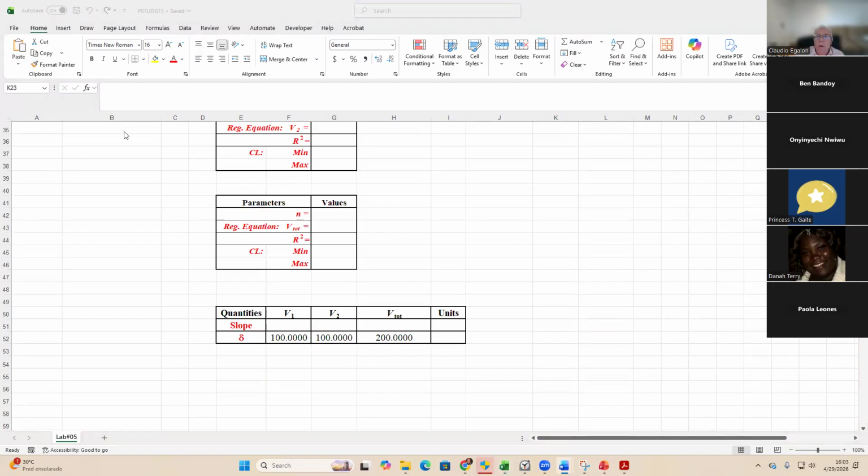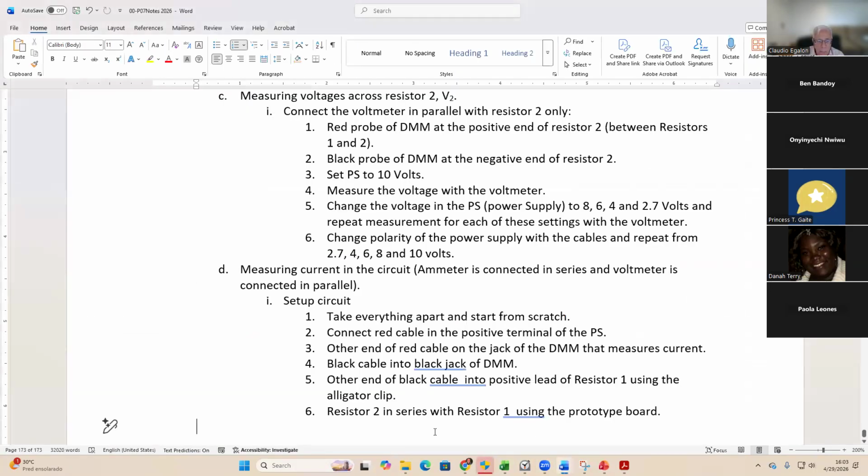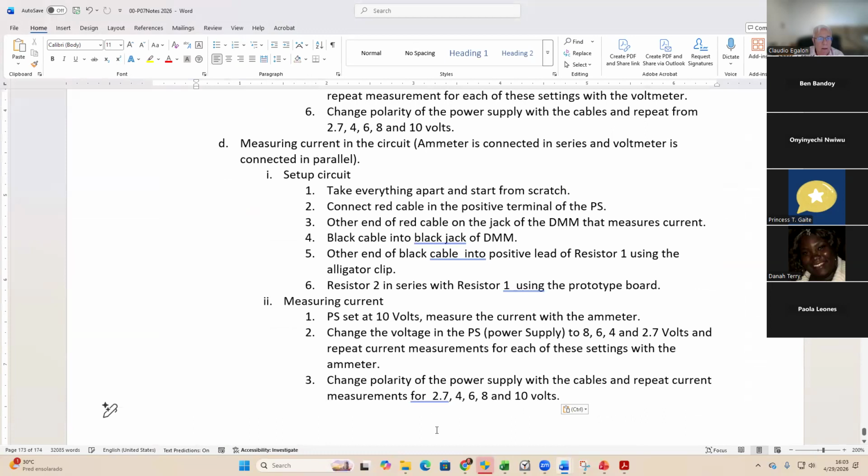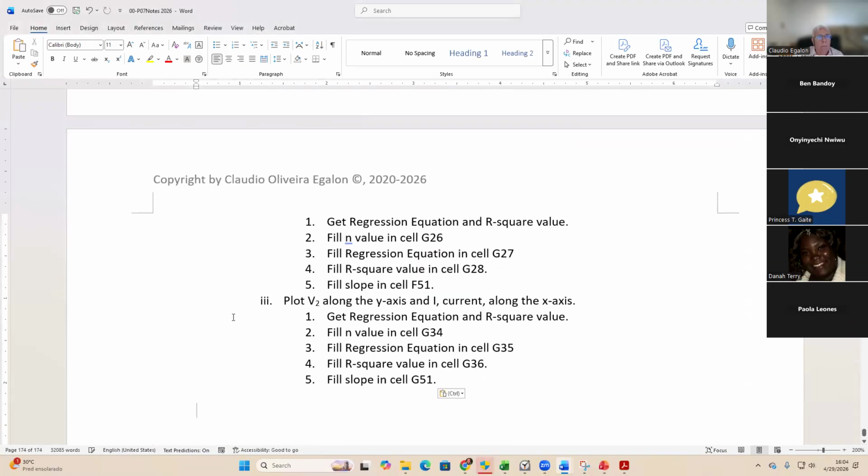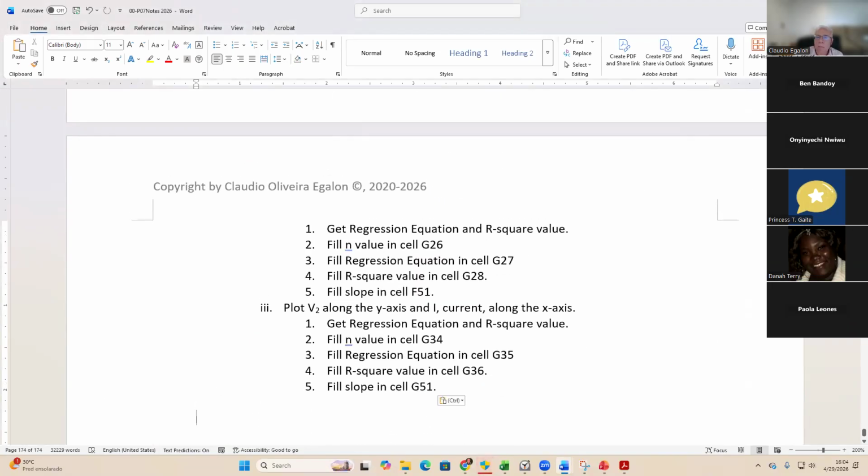I'm going to measure the current. So I need you to plot 3 graphs. That's the most important part. Okay. Plot 3 graphs.